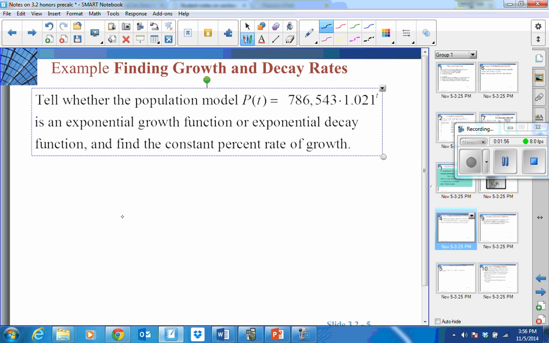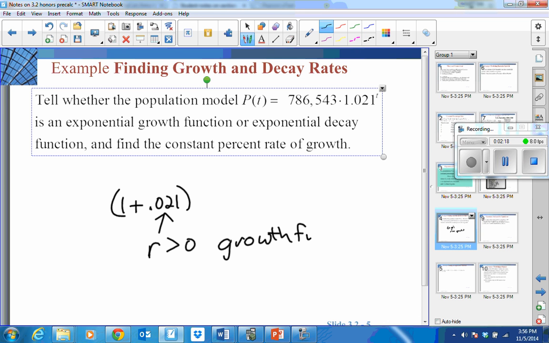Well, the base would be represented as 1 plus 0.021, this is positive, and so this is r. And because r is greater than 0, this is going to be a growth function. So our population is increasing.